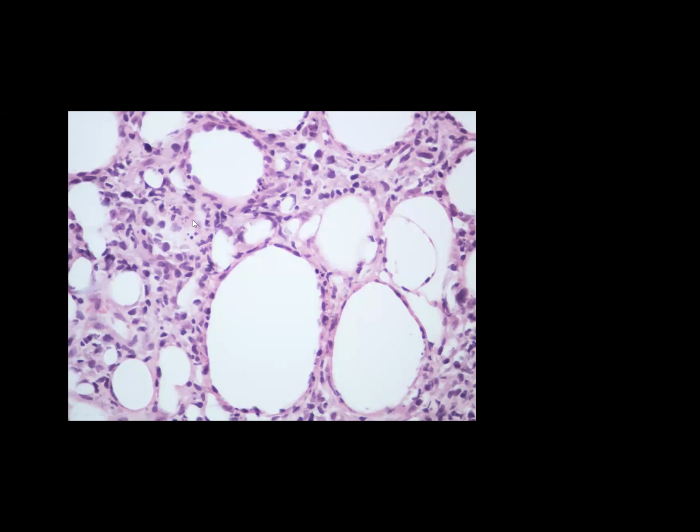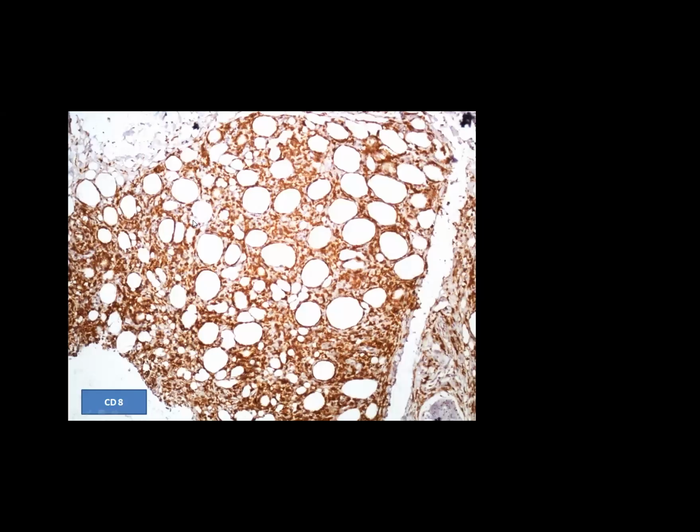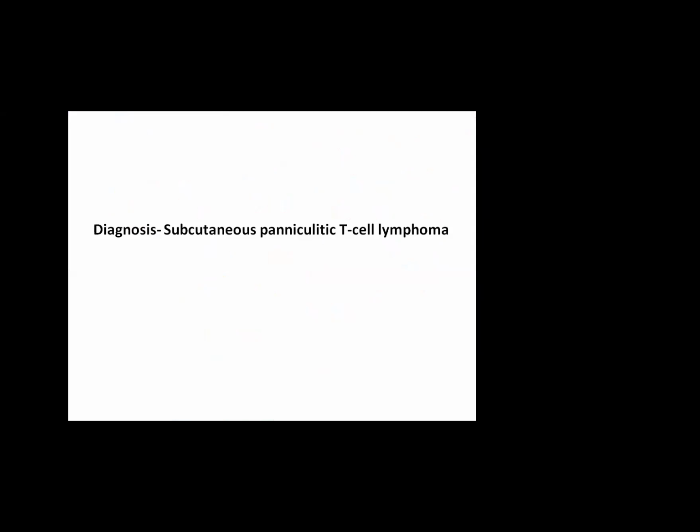subcutaneous lymphoma. When we did the immunohistochemical stain, we recognized that this had a cytotoxic T cell profile, which was CD8 positive, and this was negative for CD4. So, keeping these features of a predominant atypical lymphocytic infiltrate within the subcutaneous fat, which had a cytotoxic T cell profile, the diagnosis made was subcutaneous panniculitic T cell lymphoma.